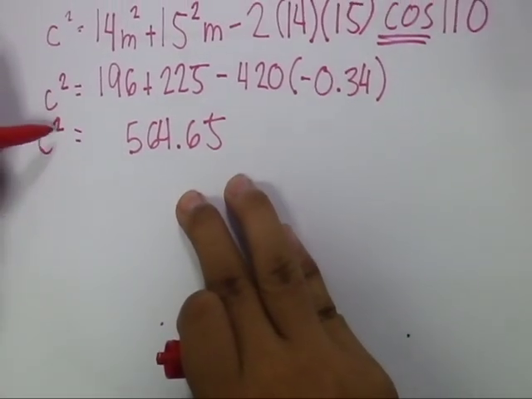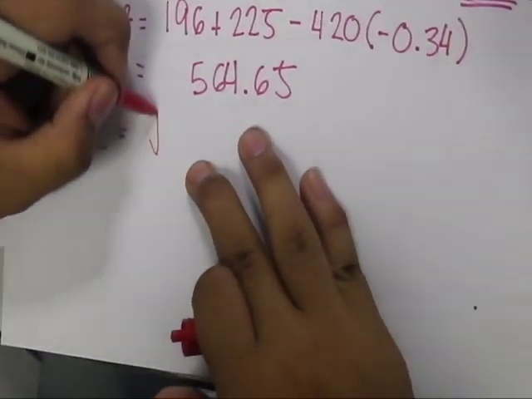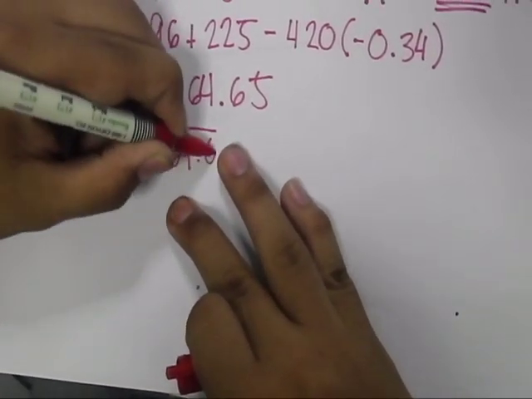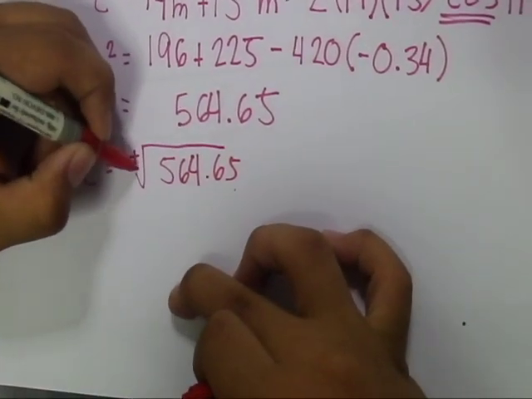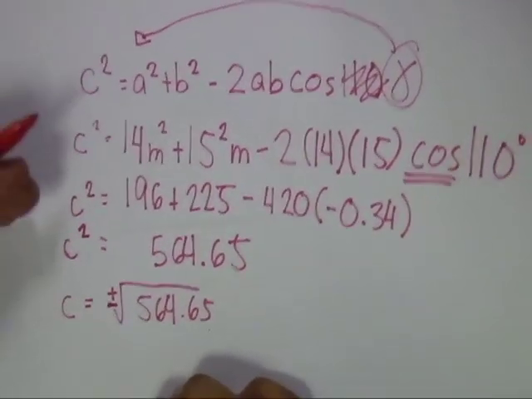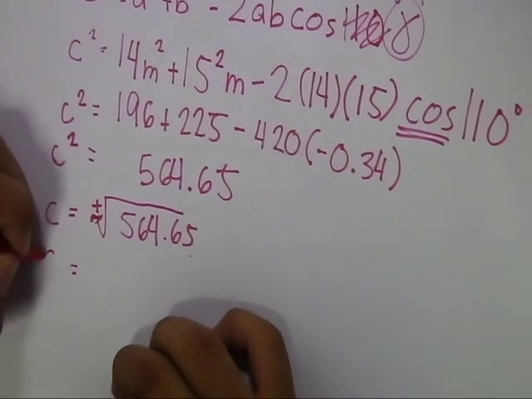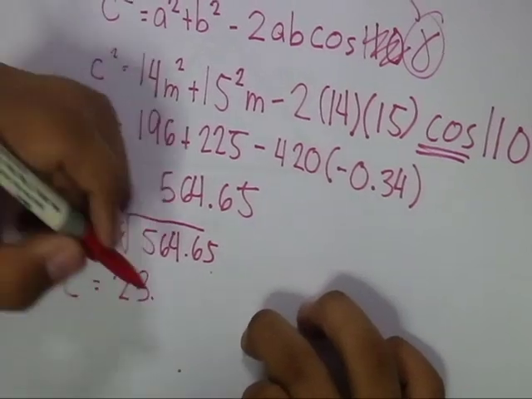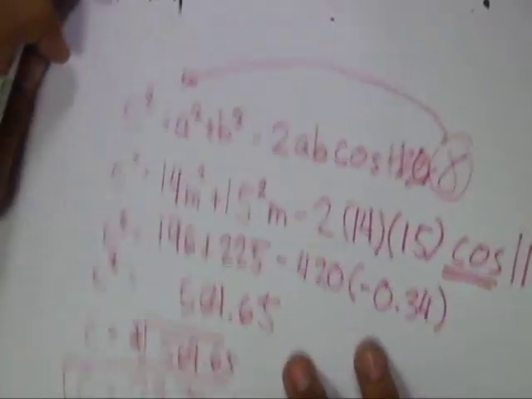Now, the question is the value of c, not c squared, so we can find the square root of that. We neglect the negative root, because this is talking about the magnitude, the distance, in the triangle. So it's only the positive root, which is about 23.77 meters. That's all. Thank you.